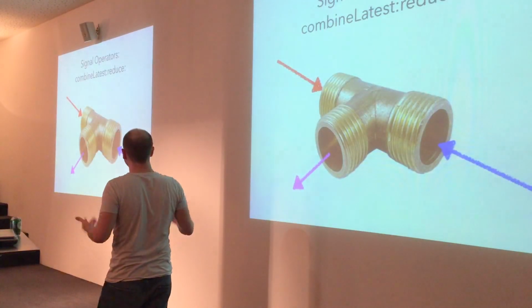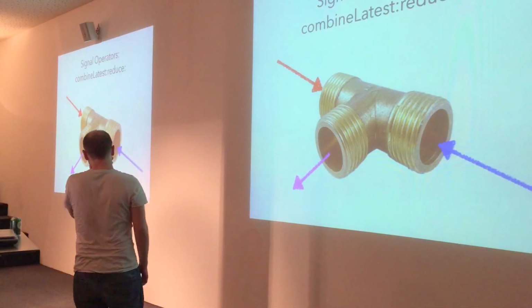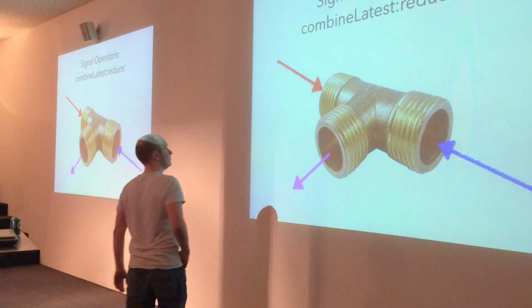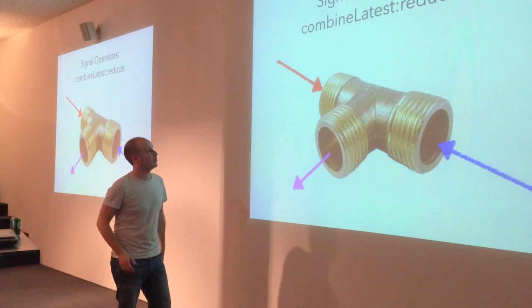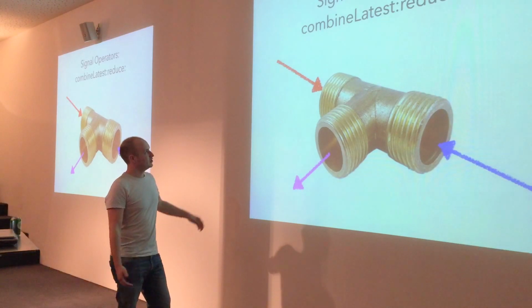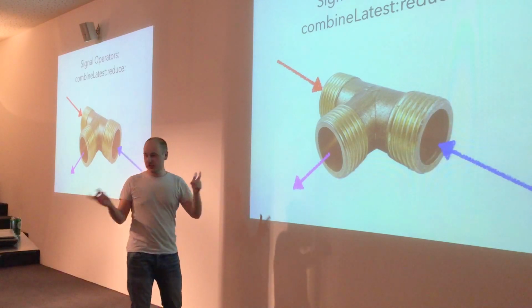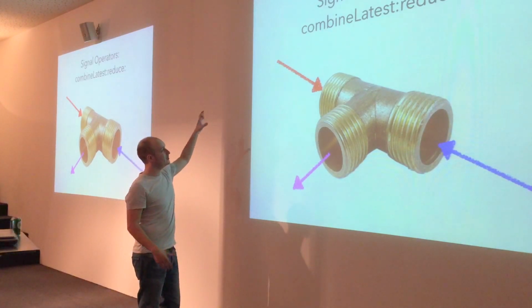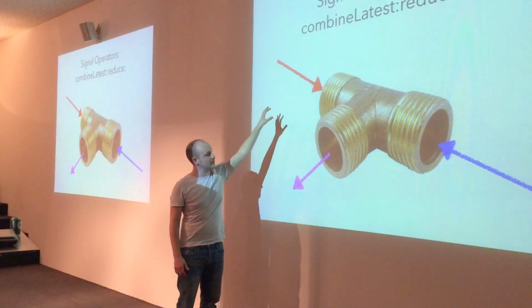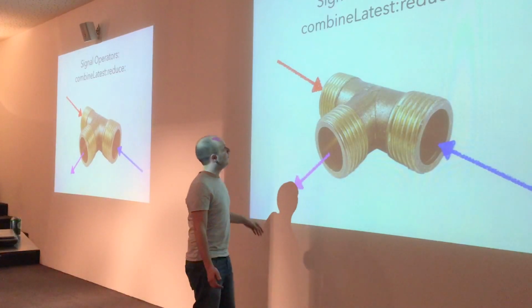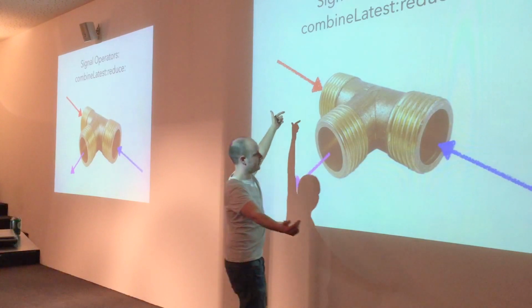The third signal operator I want to show you is combine latest and reduce, which is one approach. Say we have two signals, one for username and one for password, that are being updated separately.